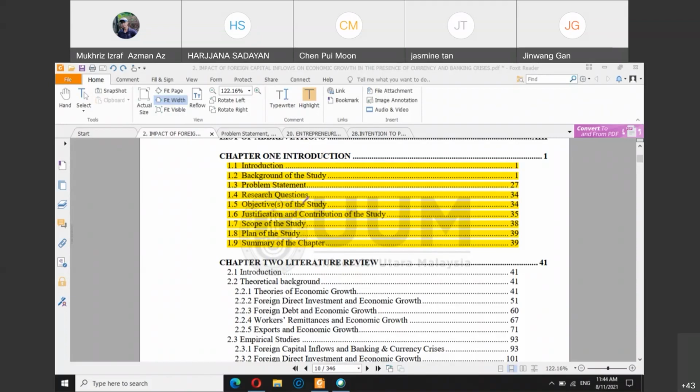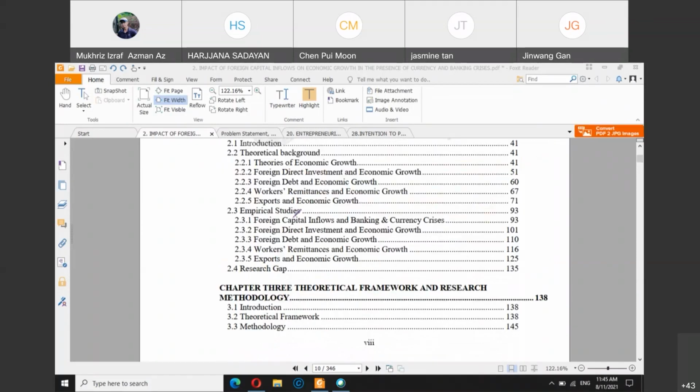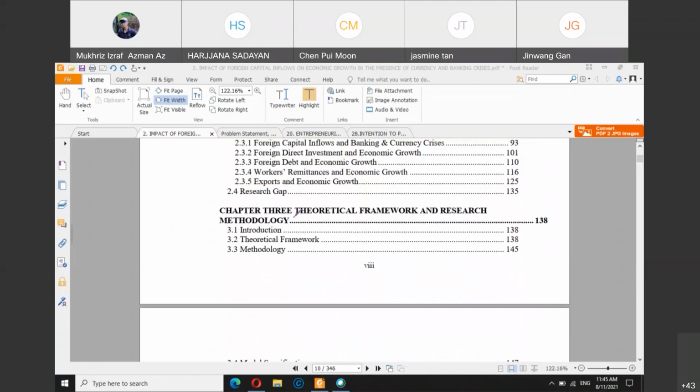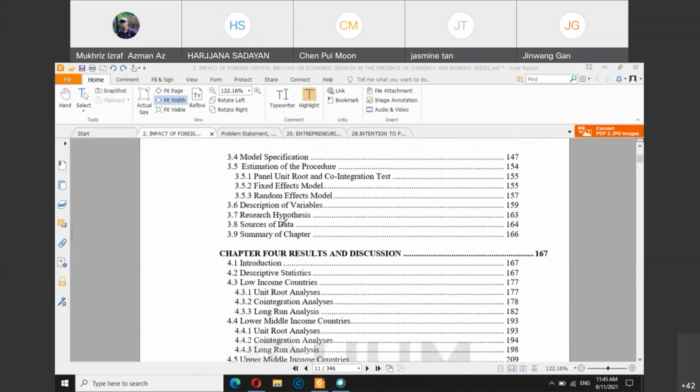We are just finishing half of chapter 1, whereby we have many other sections from the syllabus, chapter 2, literature review, and then what will be in your method, chapter 3 and so forth, especially chapter 2 and chapter 3, because the results and discussion shouldn't take that much time.